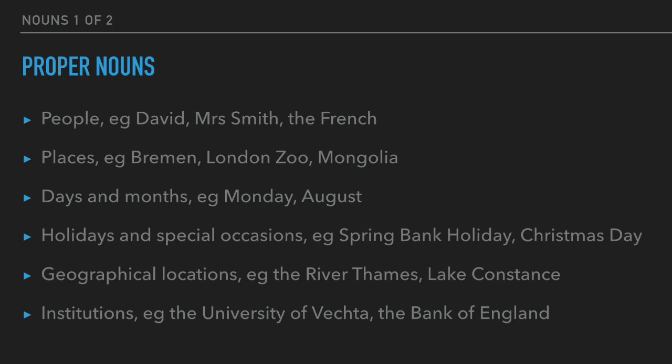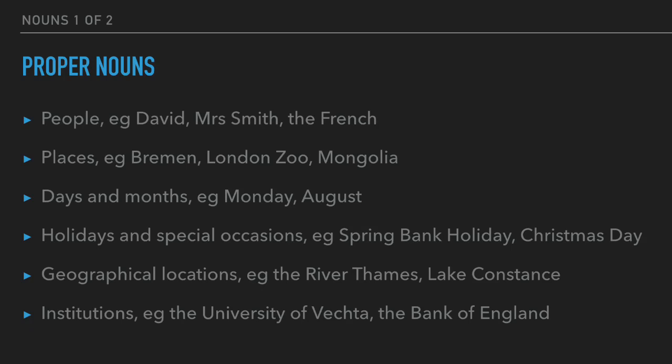We capitalize geographical locations, so for example in London you have the River Thames. In Britain we always put the word river before the name of the river itself. In America it can be the other way around, so the Colorado River. Notice if you just said I fell in the river, then that would be with a small r.